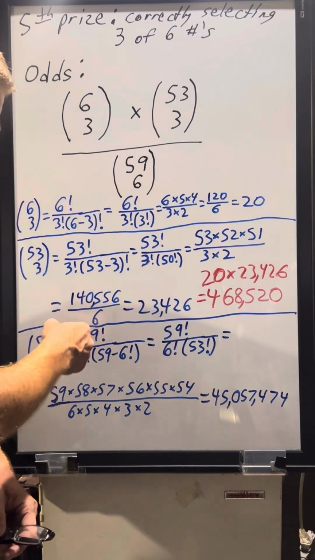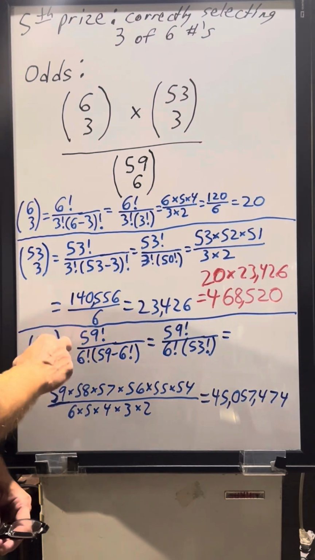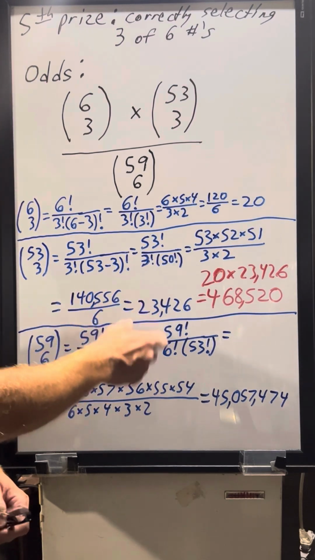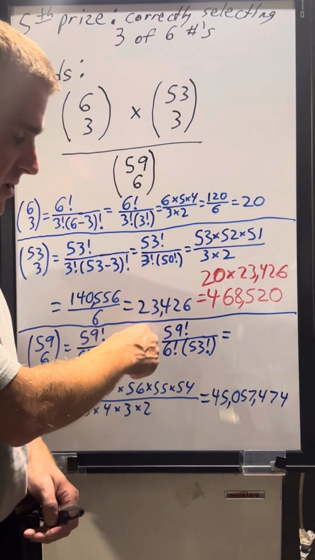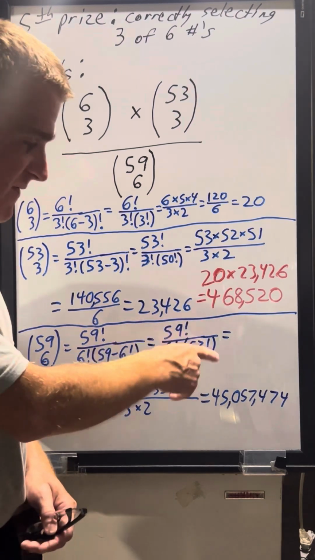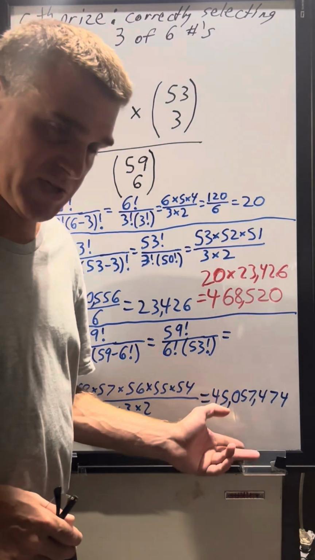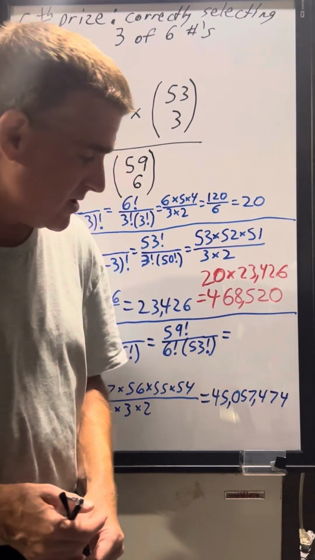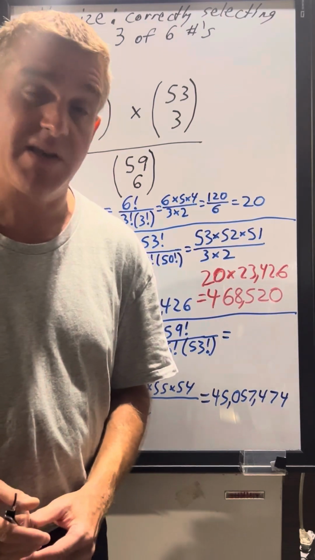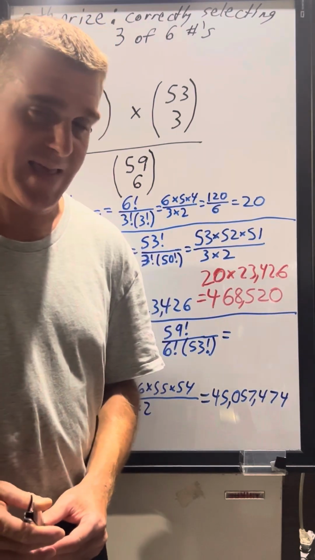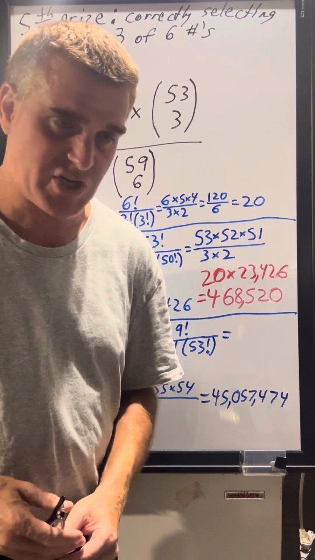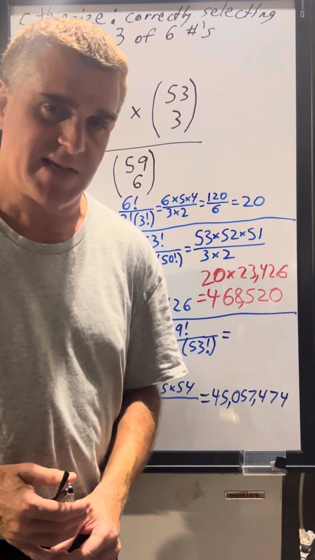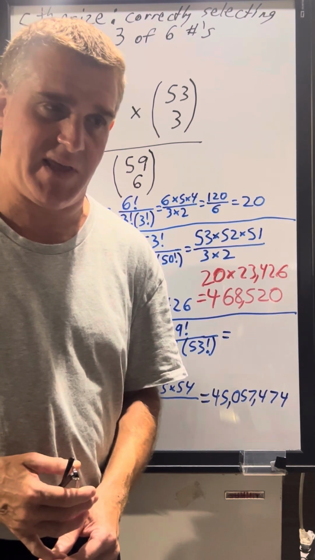So you have 59 factorial divided by 6 factorial times 59 minus 6 factorial, or simplified to 59 factorial divided by 6 factorial times 53 factorial. And this matches what we got in previous videos. So there were a little over 45 million different ways that the game can be played in any fashion. That's the total number of different ways 6 numbers can be selected from 59 numbers.